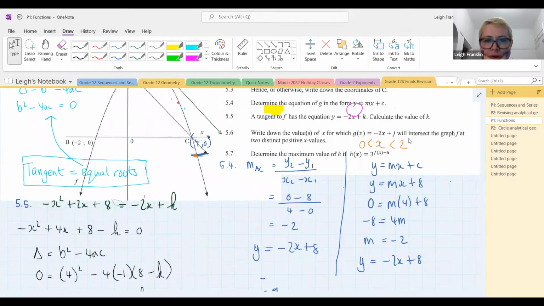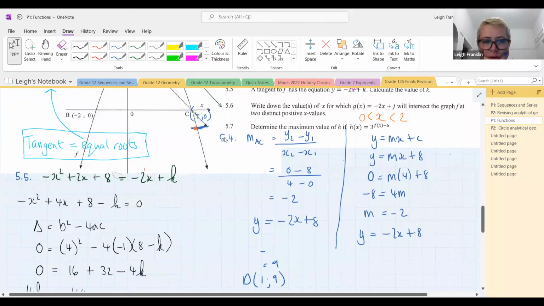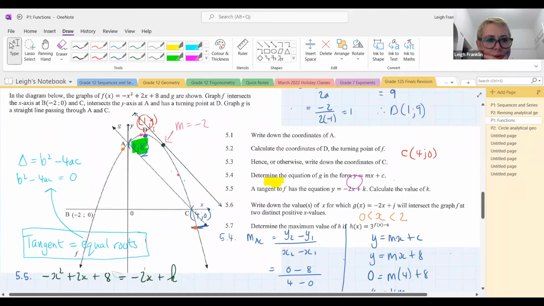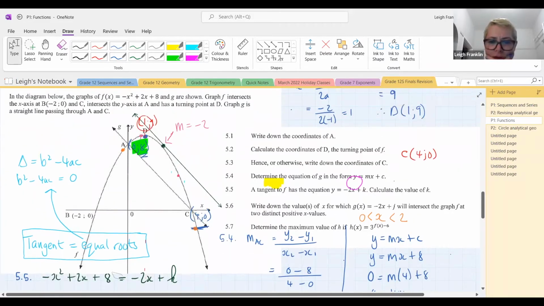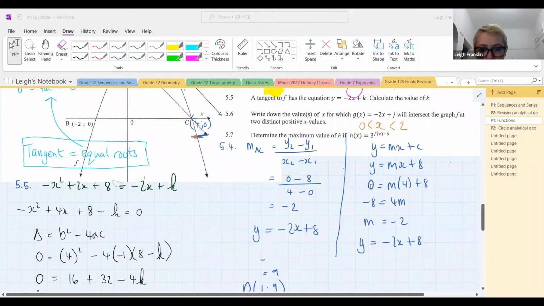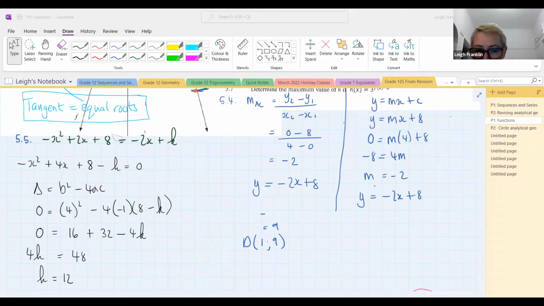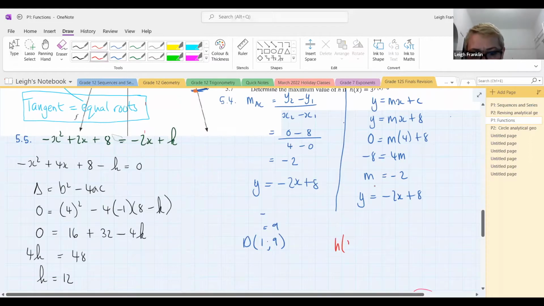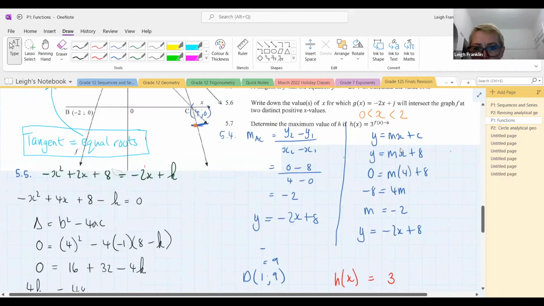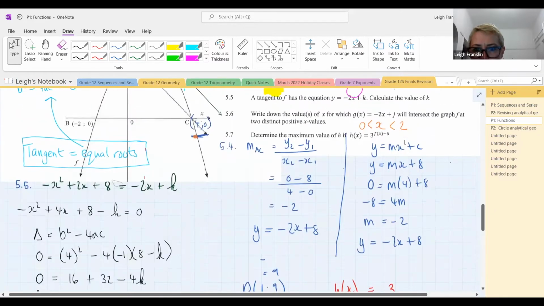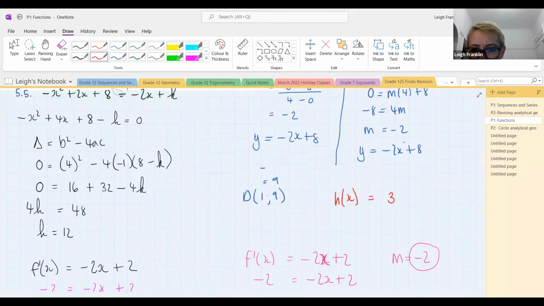So we worked out that it would have to be between 0 and 2 because that's where it was a tangent. Determine the maximum value of h of x. So h of x is 3 to the power of f of x minus 6.